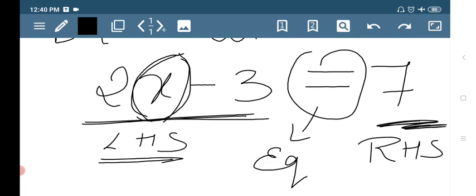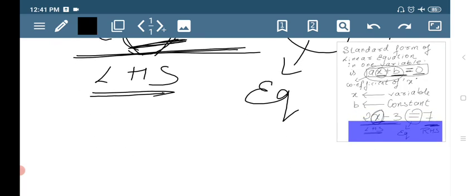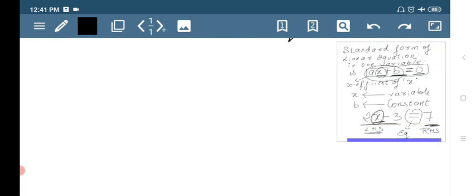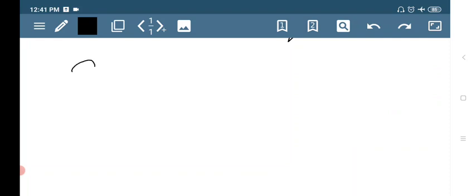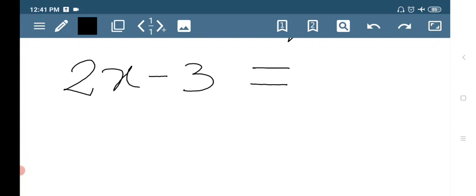So how to solve this equation? Now, how to solve a linear equation to find the value of x? Let us see. There are two methods to solve. The first method is 2x minus 3 is equals to 7. What we need?